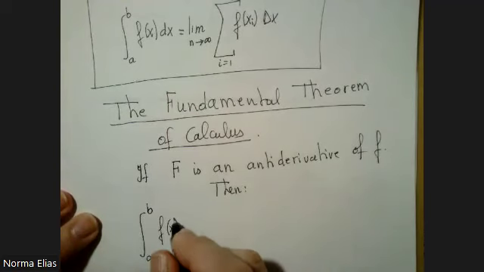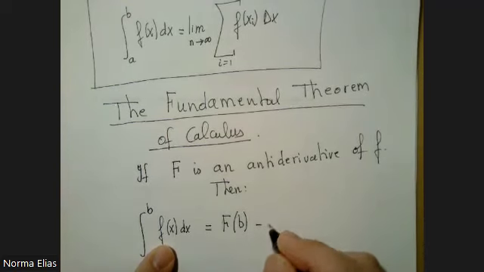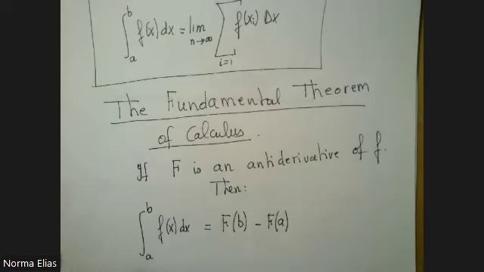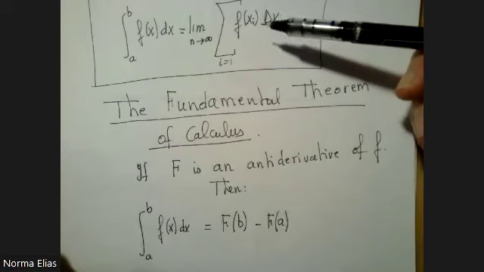The definite integral is the value of the antiderivative at the upper limit minus its value at the lower limit. So the fundamental theorem of calculus gives us a tremendous tool to evaluate this sum.